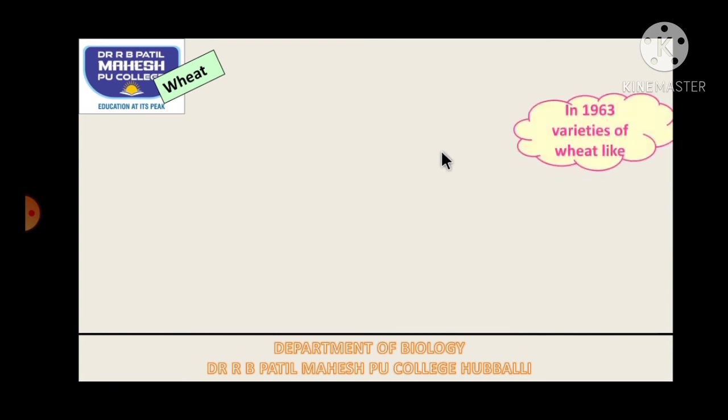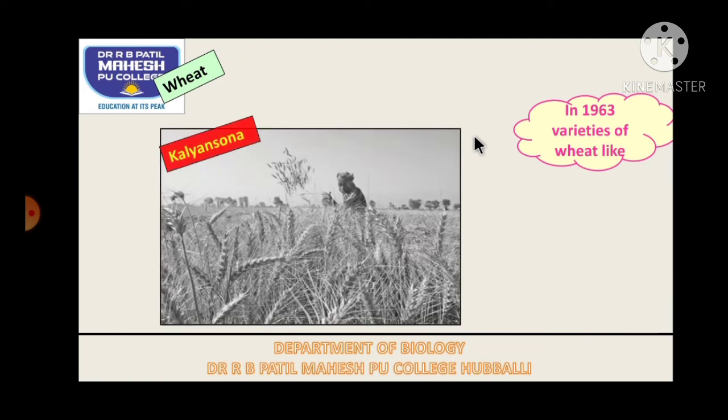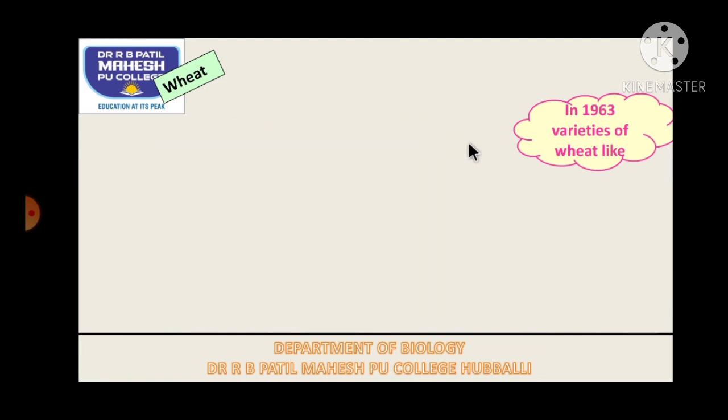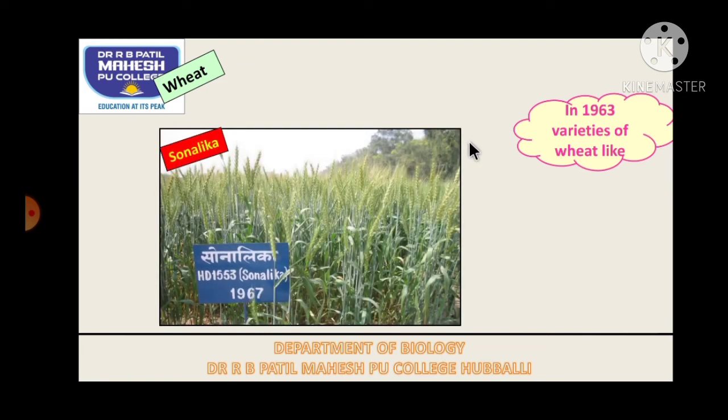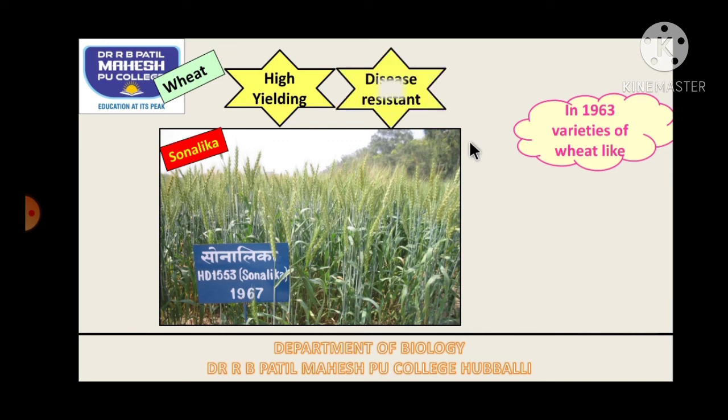Semi-dwarf varieties of wheat developed in 1963 are Kalyan Sona and Sonalika, which are high yielding, disease resistant, semi-dwarf varieties with more tillering capacity.